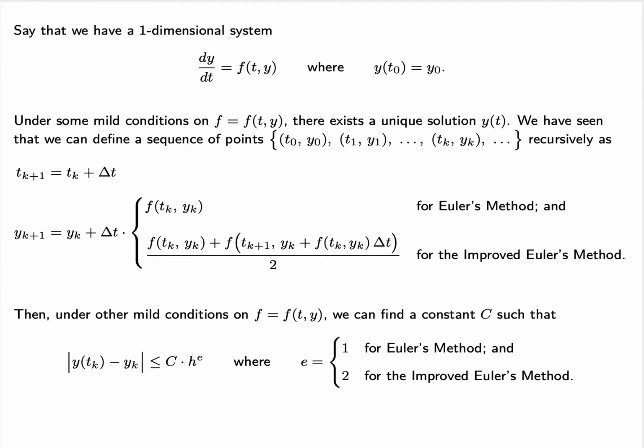Then, under other mild conditions on our function f, we can find a constant c so that the error is less than or equal to c times h to the e. In this case, e is equal to 1 if we're dealing with Euler's method, and e is equal to 2 if we're dealing with the improved Euler's method. Today, we'll introduce a method where our error would satisfy e equals 4.